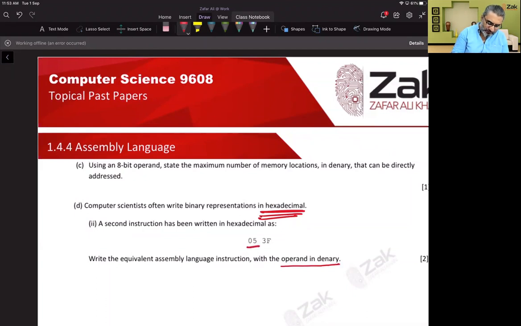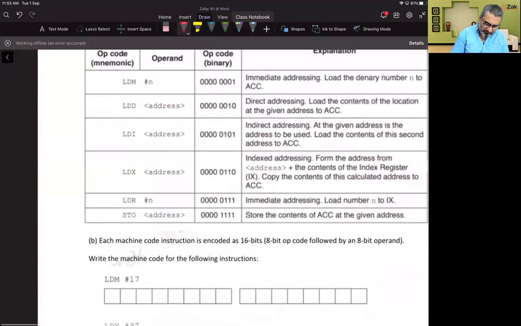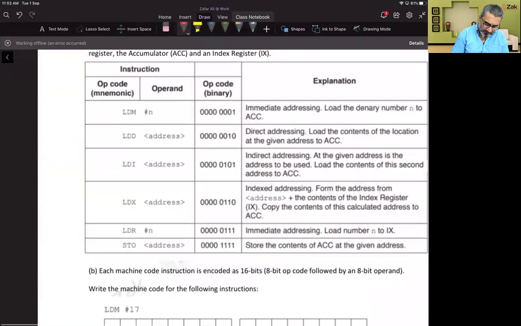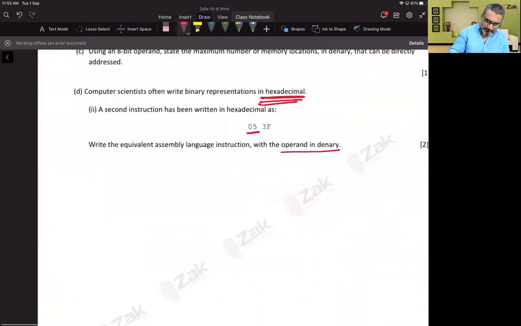Opcode is 05. So for 05, we have to check what it is. This is 5. 05 is LDI. So this is LDI, and this is 3F. So 3, 1, 2, 4, 8, and F, 1, 2, 4, 8.